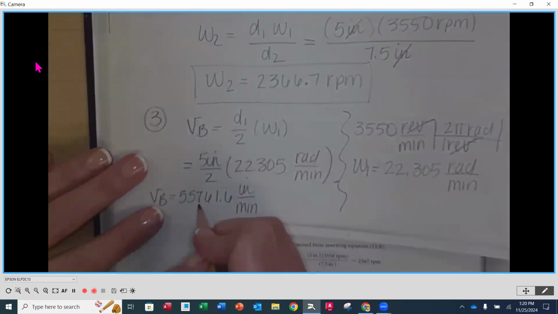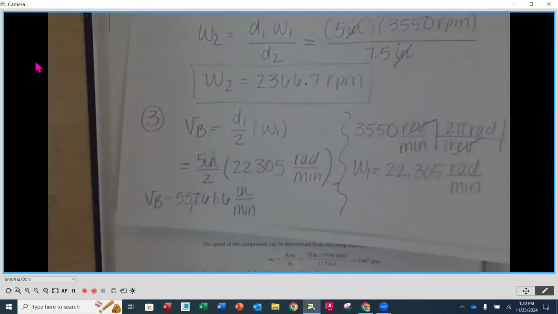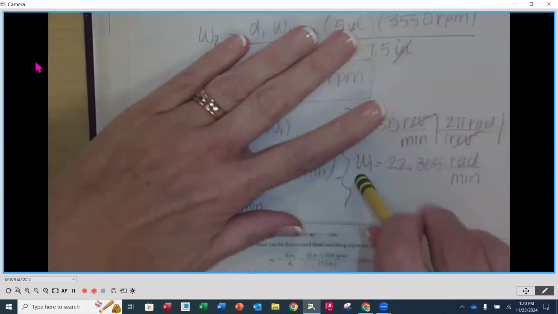So I got 55,761.6-ish inches per minute. And we want to report this in feet per minute. So go ahead and do the conversion here to get this into feet per minute.